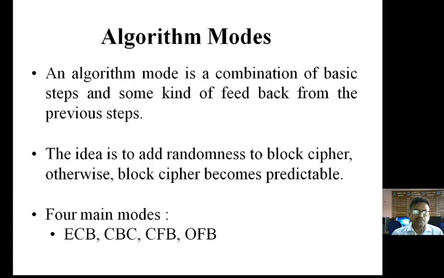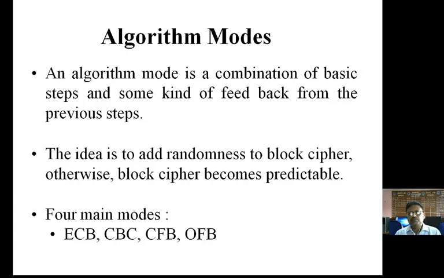Now, as far as the algorithm mode is concerned, it is a combination of basic steps which uses some kind of feedback from the previous step, and the idea is to add randomness to the block cipher so that it cannot be predictable.